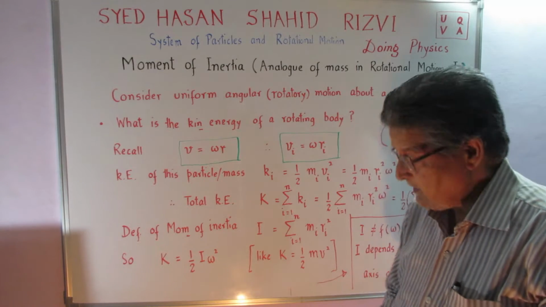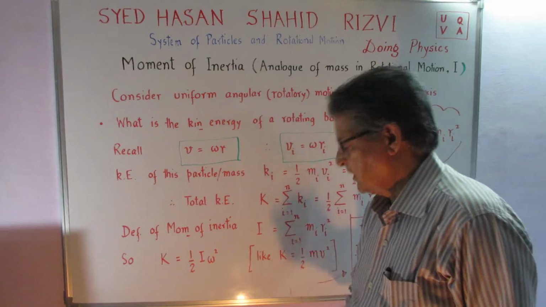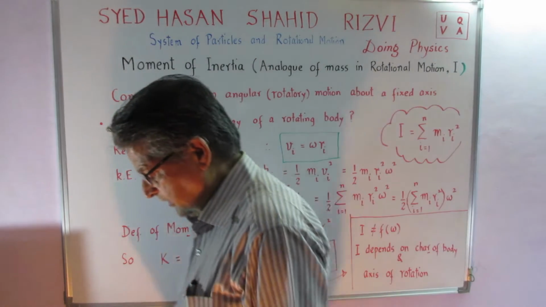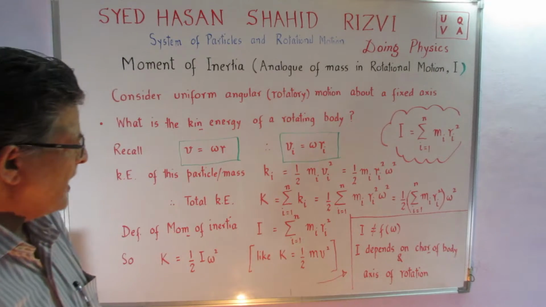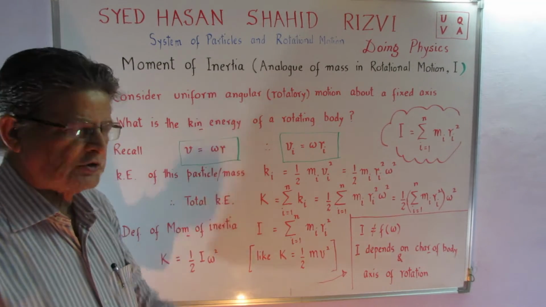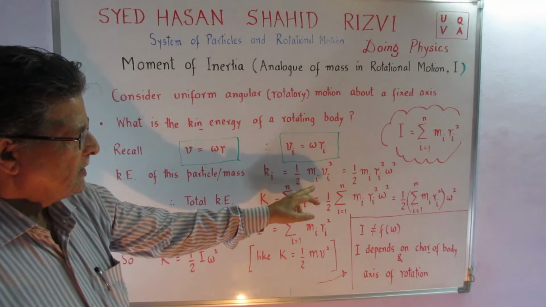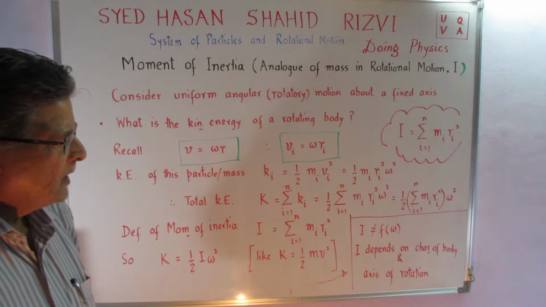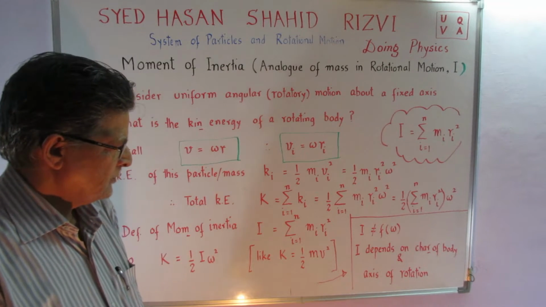So if we describe the kinetic energy of this particle, or kinetic energy of this mass, then we define, like we have done before, that the kinetic energy Ki associated to the ith particle is equal to half the mass of the particle into the velocity square, Vi square.